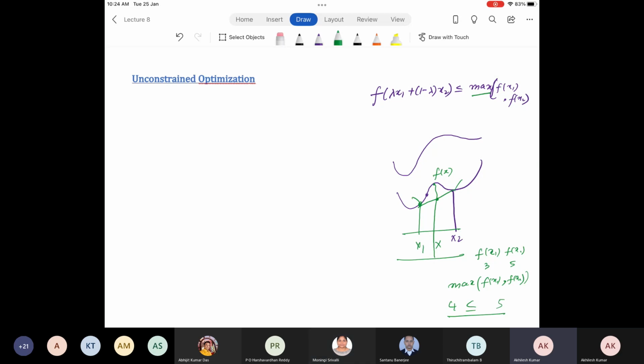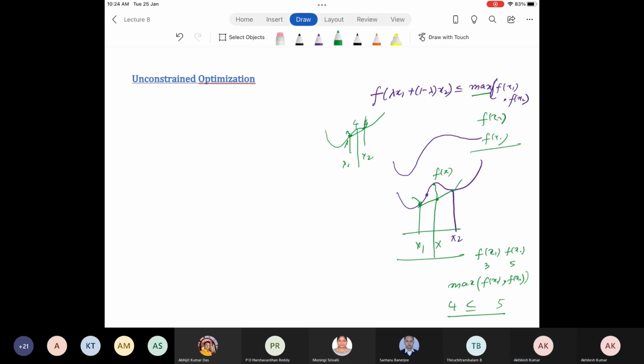Even in this case, when I was trying to show you, suppose this type of case here. This is x1 and this is x2. Between x1 and x2, the max lies here, right? Suppose this is 3, 4, 5. So the max of f(x1) and f(x2) is either f(x2) or f(x1).